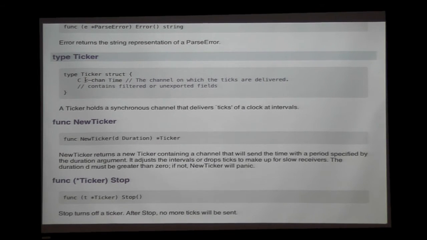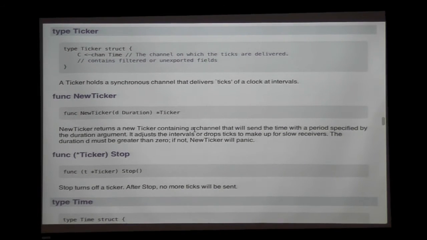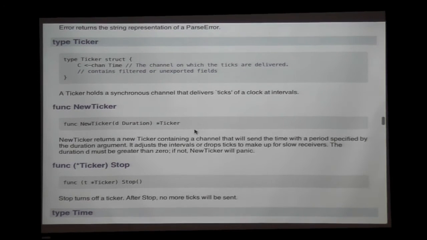If you notice, this declaration has this arrow over there. That means that the channel can only be read. Usually channels by default are bidirectional, but if you specify this, then you can only read from that channel. You cannot send to it. Someone else, of course, has to have the send end of the channel, or it doesn't work.